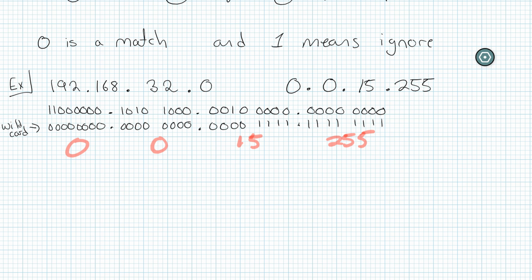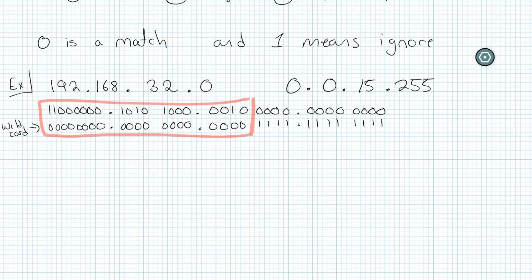So looking at these values, we're going to see what matters. If we look here, we can see that we really care about all of these bits. These bits are super important. These bits can do whatever they want. We don't really care what they do.